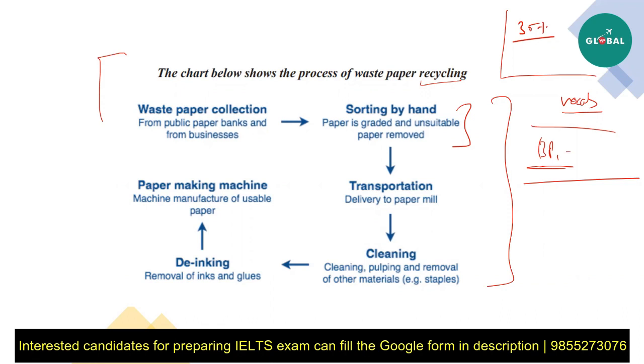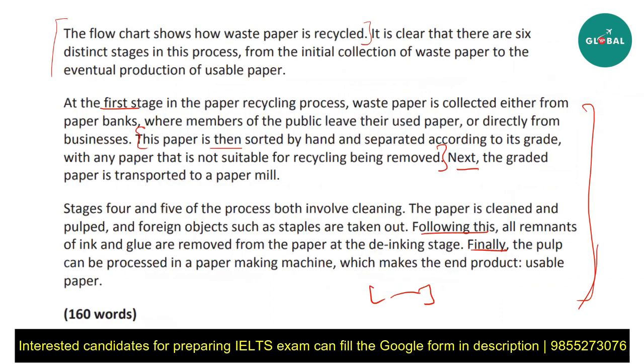Ma'am, I wanted to ask, in the sample answer, they have used some sentences that are not directly given in the flowchart. For example, where members of the public or directly from businesses. So this information is not given. So is this correct? The thing is, just like how Pranav did it, sometimes certain things you can already imagine.